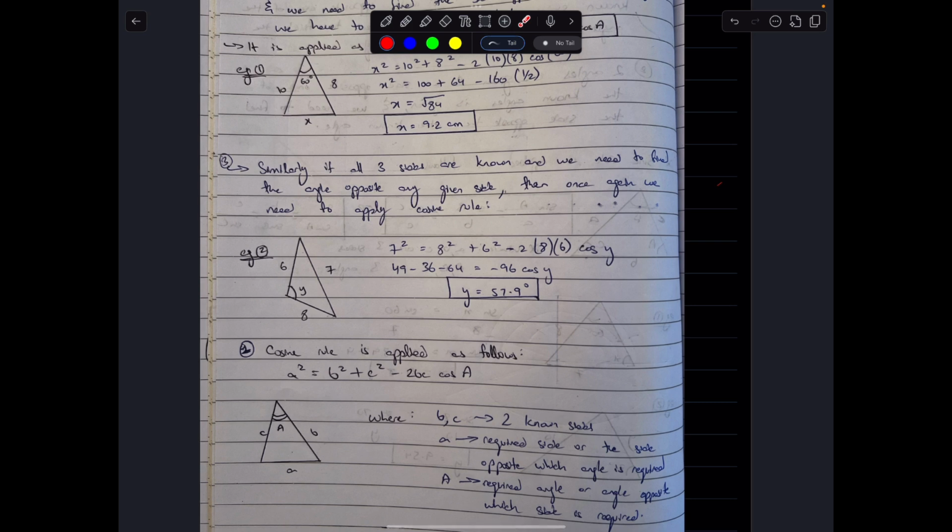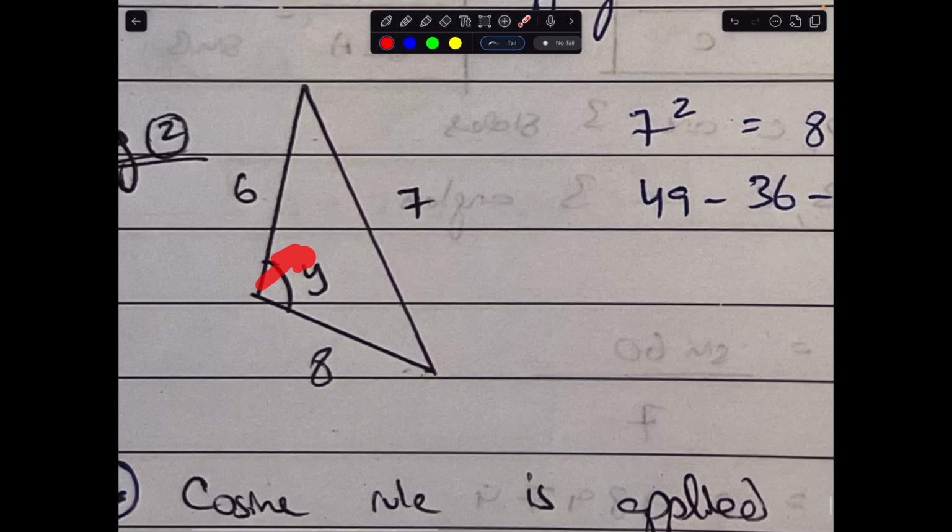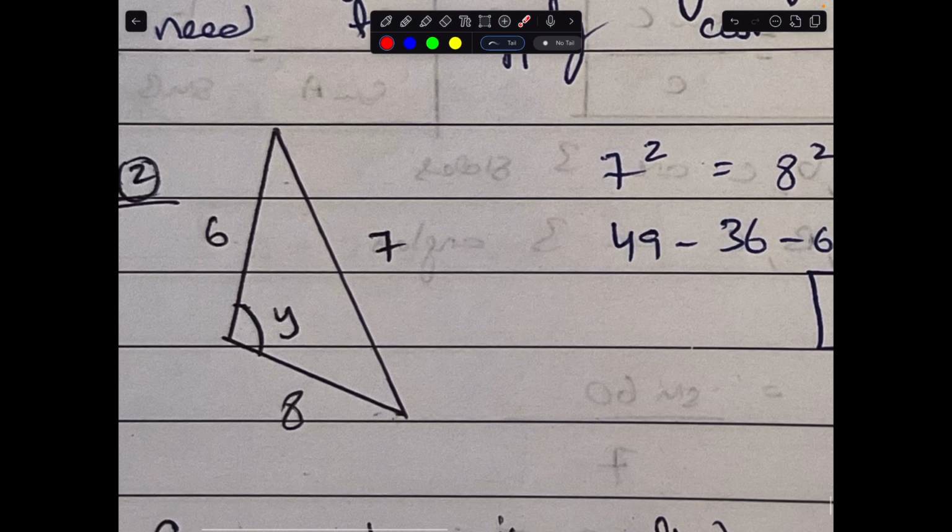Alright, so it's the same concept again. Similarly, if all three sides are known and we need to find the angle opposite any of the known sides, we can again use the cosine rule. So let's say we are given three sides. We can use the cosine rule appropriately to find the angle opposite any known side. If I want to find the angle opposite 7, I'll use this formula.